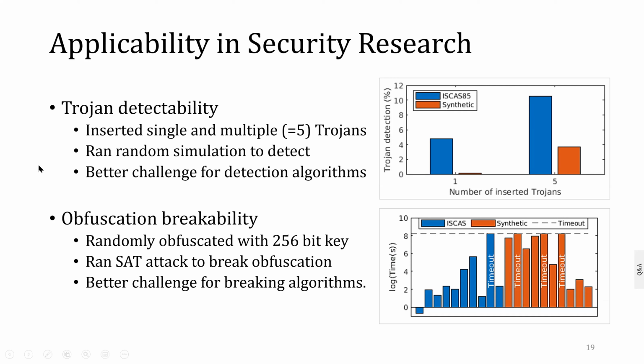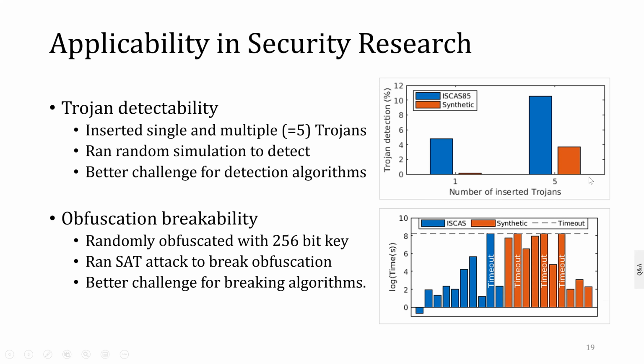Now this is a sample analysis of the applicability of our benchmarks in security research. For the first one, we have done the Trojan detectability test, where we inserted a certain number of Trojans and tried random simulation to detect the Trojan. In the case where we inserted only a single Trojan, 4% of simulations detected the Trojan in the case of ISCAS benchmark, while less than 1% of simulations could detect such a Trojan in the synthetic benchmark.